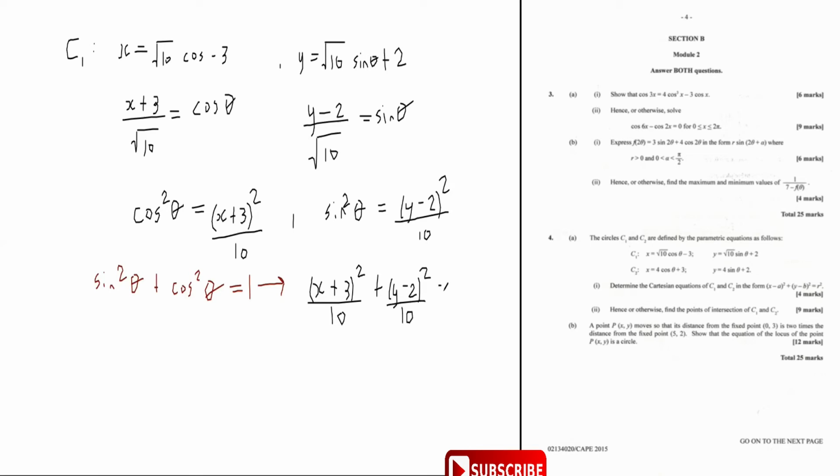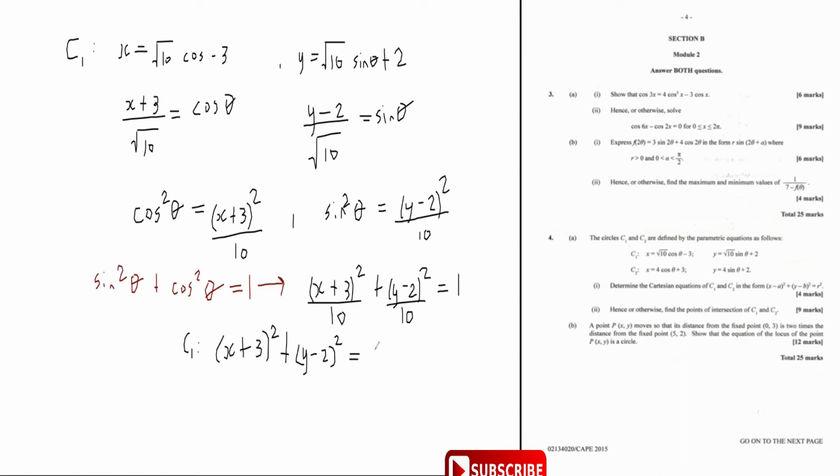Alright, so we can multiply through by 10. And so the Cartesian equation of C1 is given by x plus 3 all square plus y minus 2 all square, and that's equal to 10.